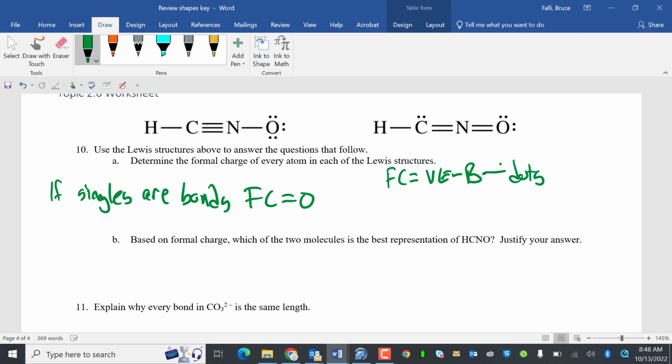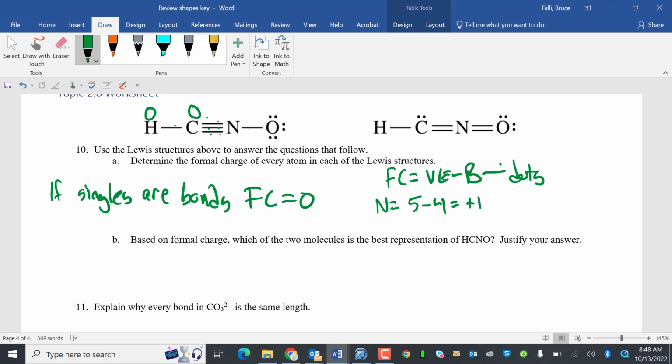Okay, so this one is 0. This one has 1, 2, 3, 4 bonds. That's 0. This one has 1, 2, 3. This one I've got to calculate. So I've got to do nitrogen, and I've got to do oxygen because they don't have the single electron directly in there. So nitrogen equals 5 valence electrons minus 4 bonds equals plus 1.